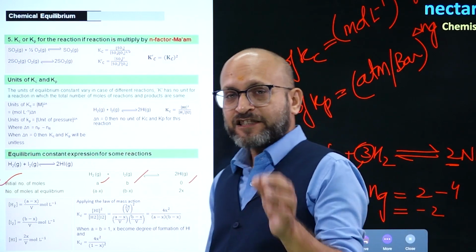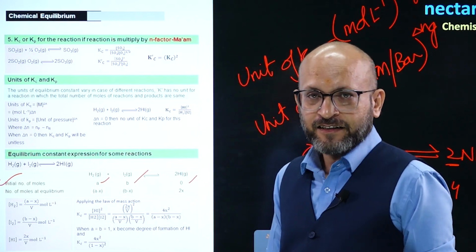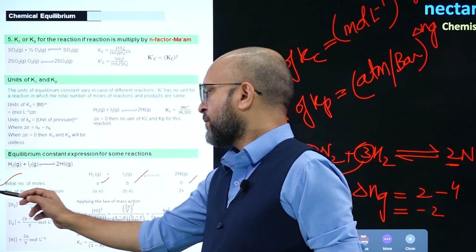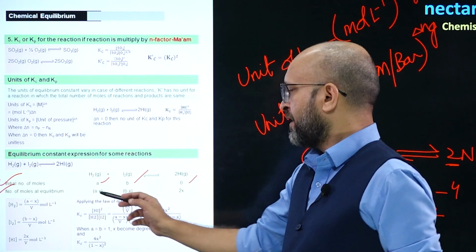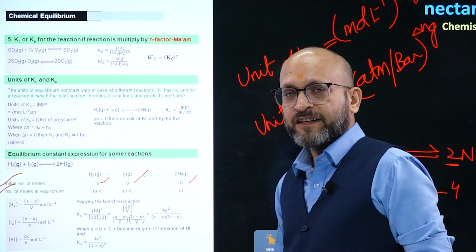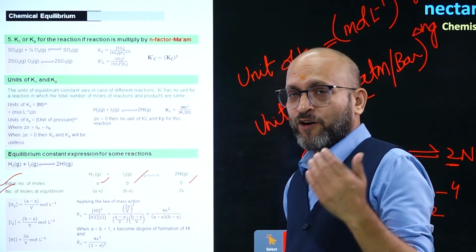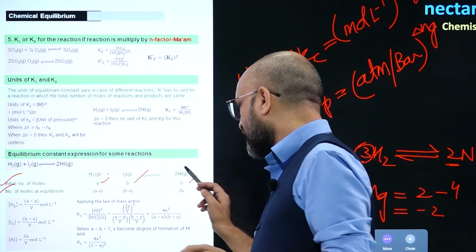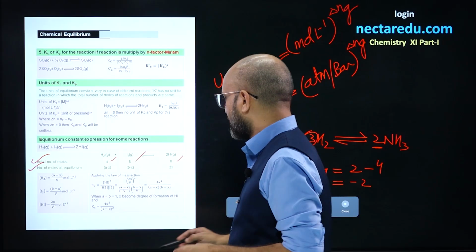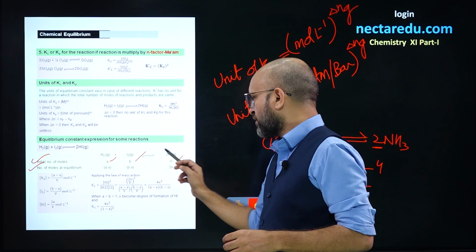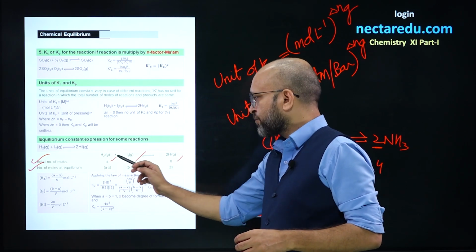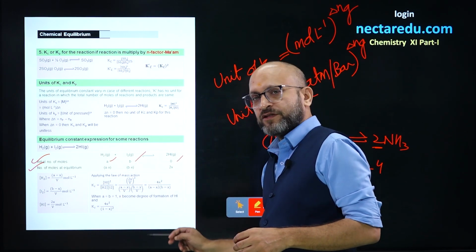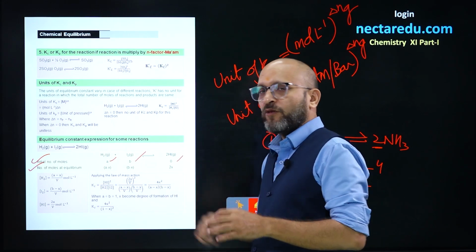Then if X moles react, the number of moles at equilibrium will be A minus X for H2 and B minus X for I2. Now you have to see the concentration of these reactants and products at equilibrium. If X moles of H2 react and X moles of I2 react, 2x moles of HI will be formed.